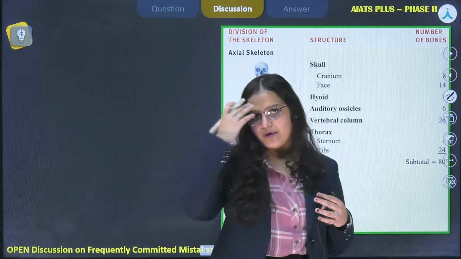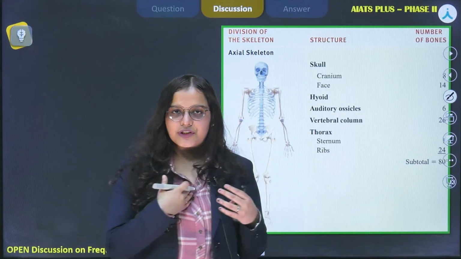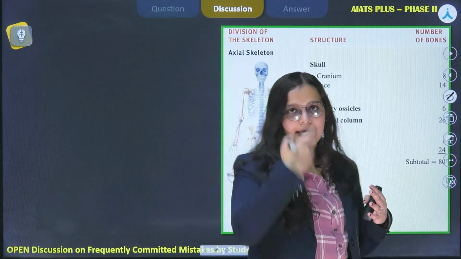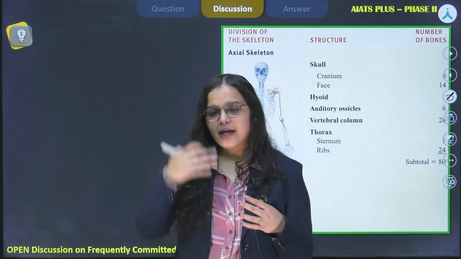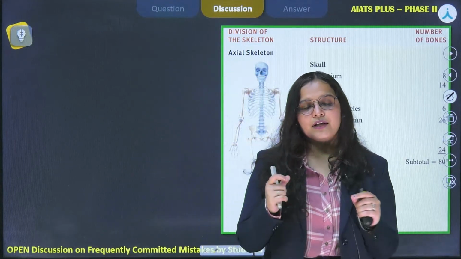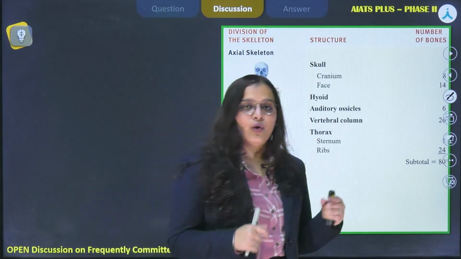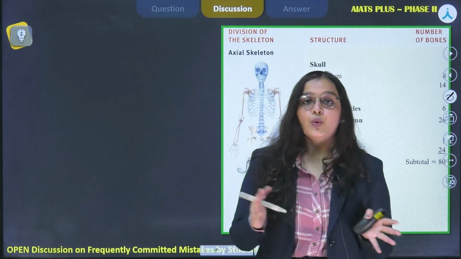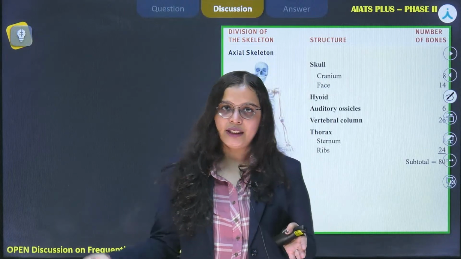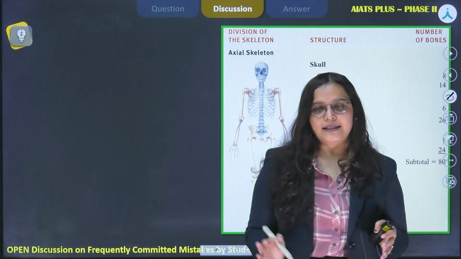For instance, we have our cranium and our sternum, which fall along an axis, and therefore they are categorized as the axial skeleton. Whichever part is moving away from the body is categorized under the appendicular skeleton.